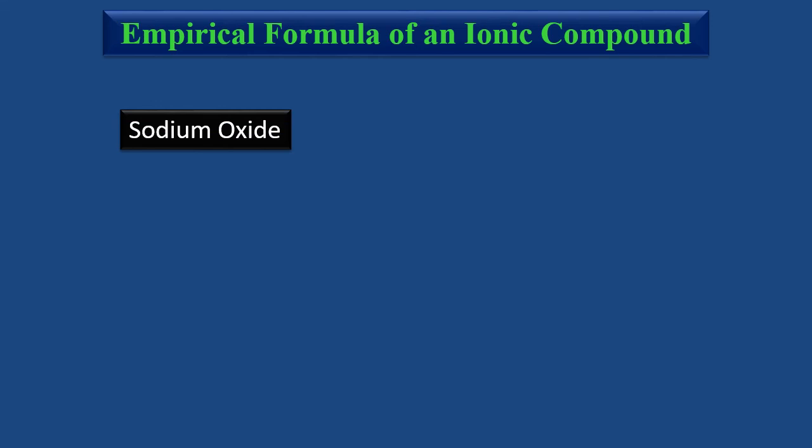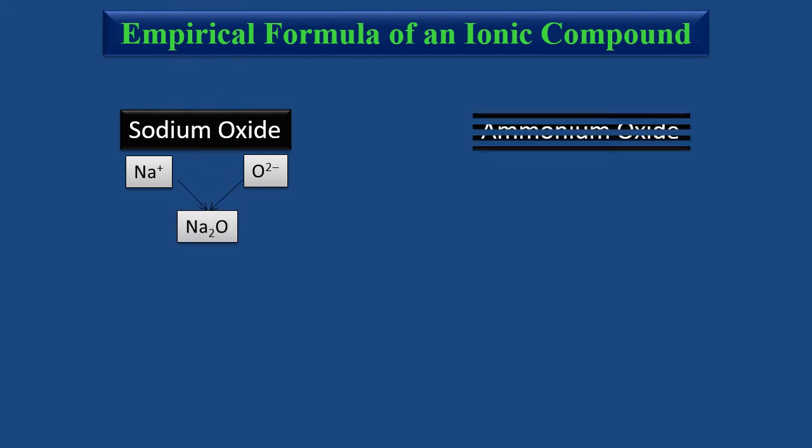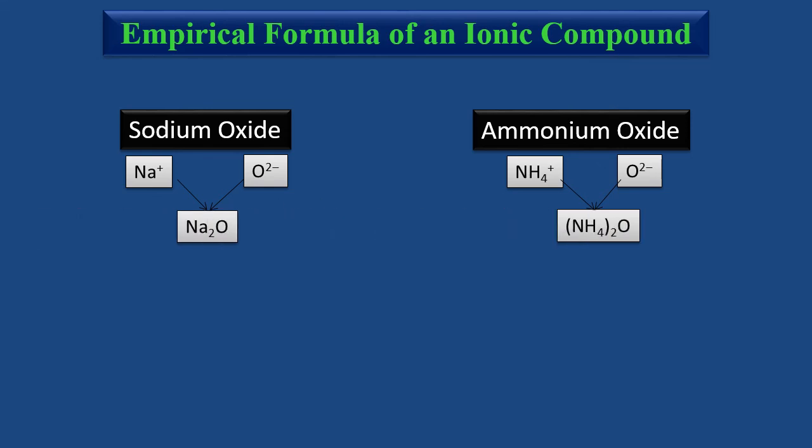Next is sodium oxide, Na+, O2-. Oxide ion is O2-. So we write 2 in the subscript of Na, and the formula is Na2O. Similarly, ammonium oxide, now we use parentheses with ammonium ion, (NH4)2O is the empirical formula of ammonium oxide.